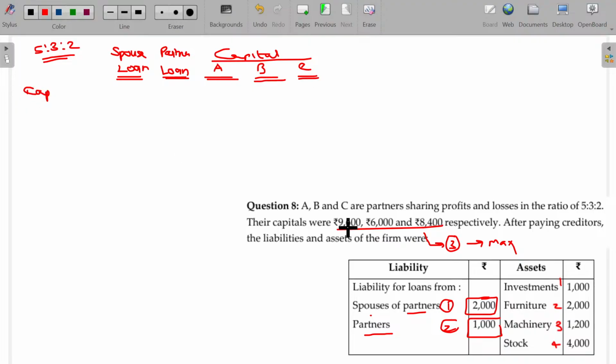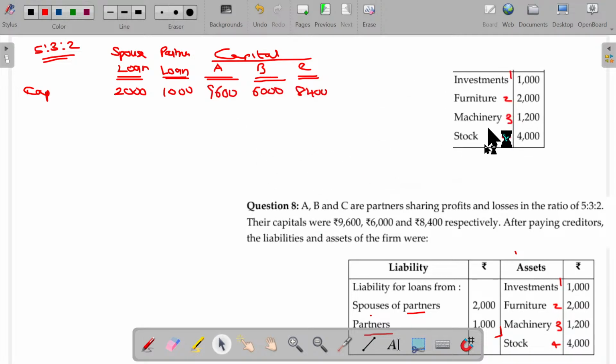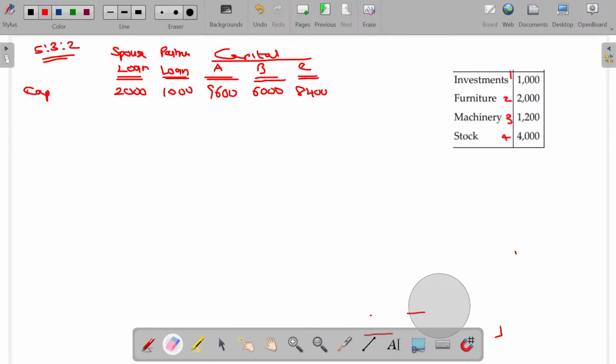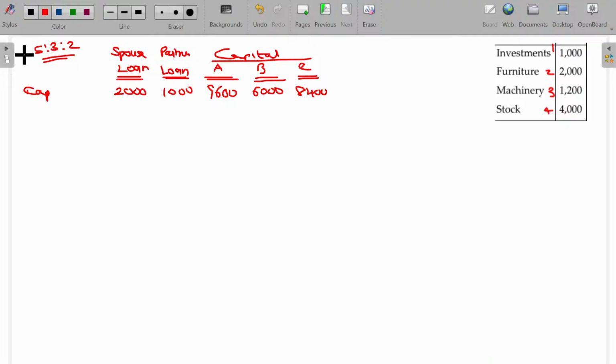Capital 9,600, 6,000, sorry, spouse loan is 2,000. Partners' loan 1,000. Capital being 9,600, 6,000, 8,400. Okay. So I want only the amount realized.